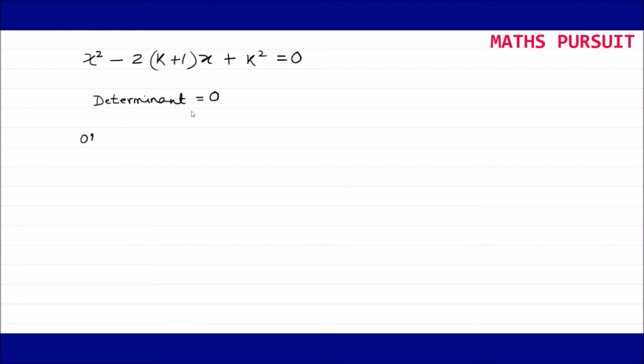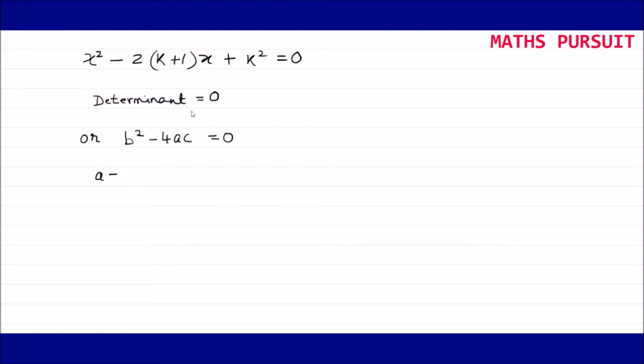And guys, we very well know that the determinant is represented by b square minus 4ac. That means b square minus 4ac is equal to 0. Now let us find out the values of a, b, c from the above quadratic equation, and then we can try to solve b square minus 4ac.